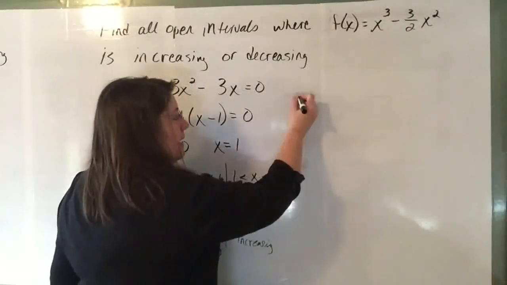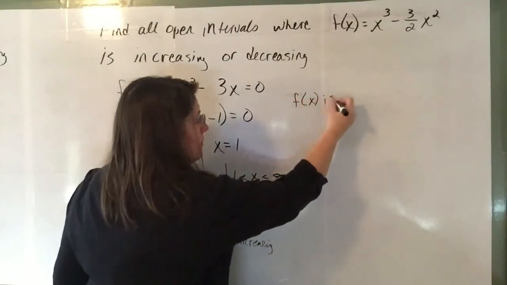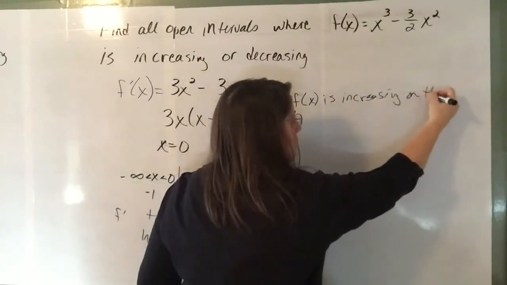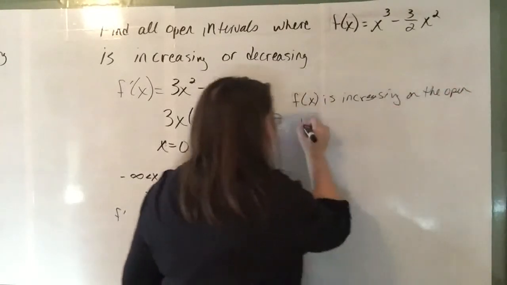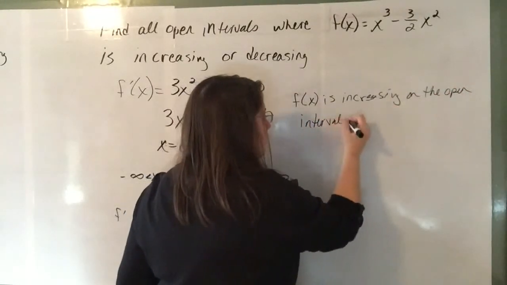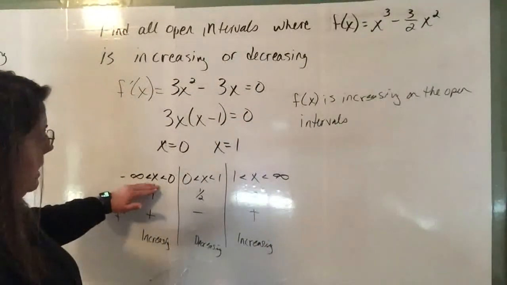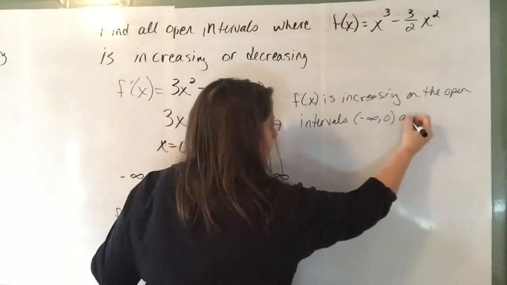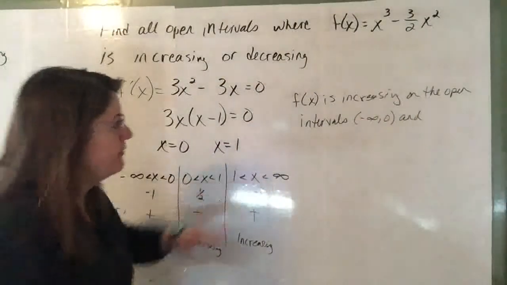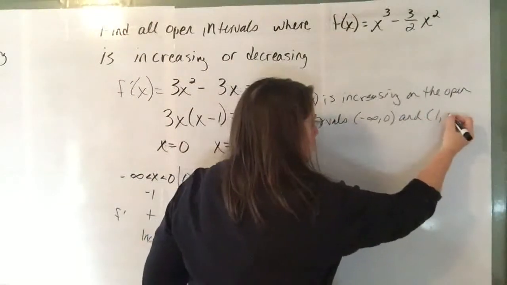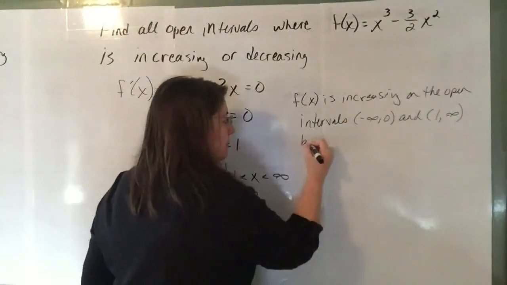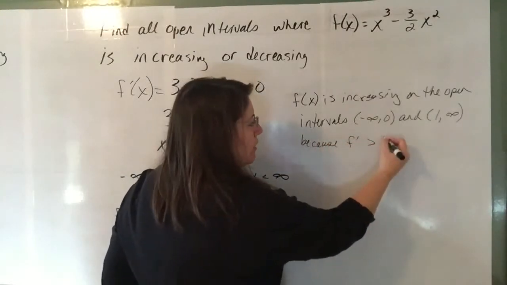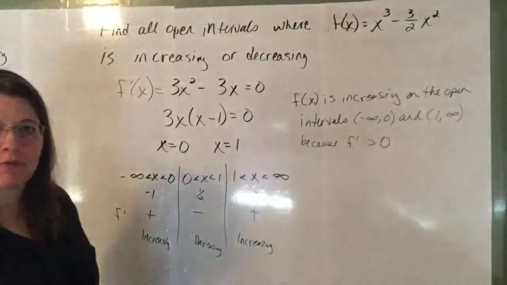I can say f of x is increasing on the open intervals negative infinity to 0 and 1 to infinity, because f prime is greater than 0 within those intervals.